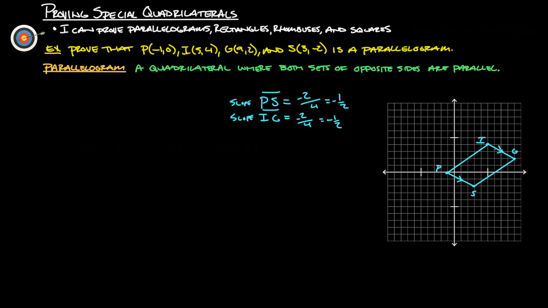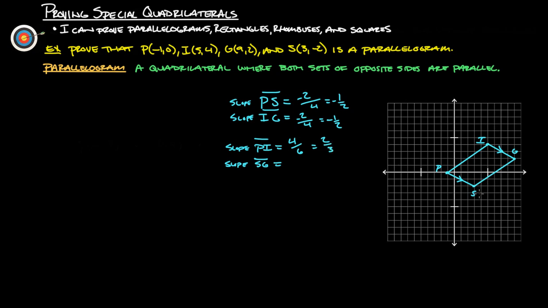Now we have to do the same thing with PI and SG. The slope of PI and the slope of SG. From P to I, start with the one on the left, go up 4, and then over 1, 2, 3, 4, 5, 6. So it's 4 over 6, which is 2/3.